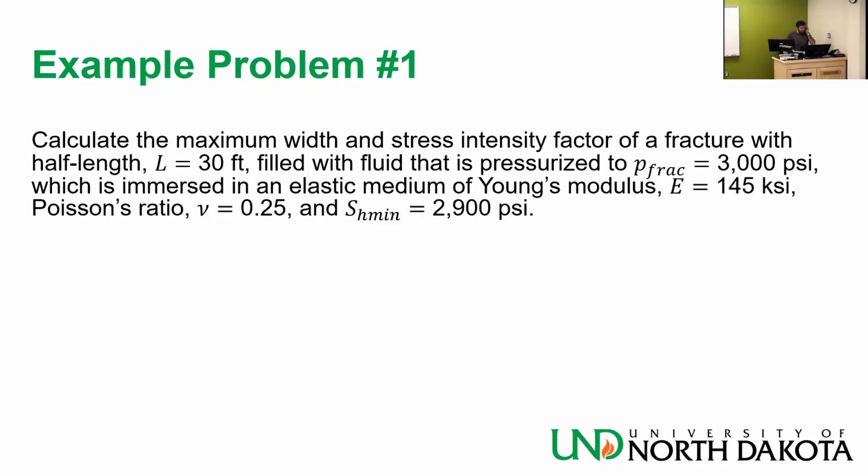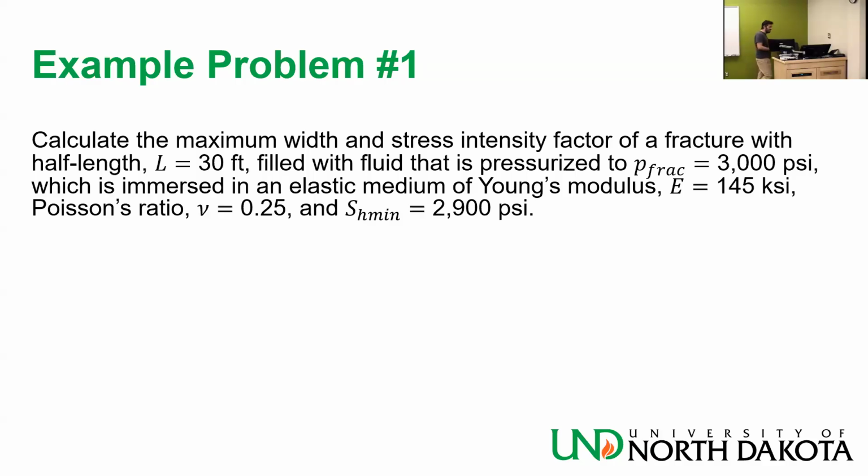So, example problem number 1. Calculate the maximum width and stress intensity factor of a fracture, and I assume a mode 1 fracture, of half length 30 feet, filled with fluid that is pressurized to P-frac of 3000 psi, which is immersed in an elastic medium of Young's modulus E of 145 ksi, Poisson's ratio 0.25, which is a quarter, and SH mean is 2900 psi.